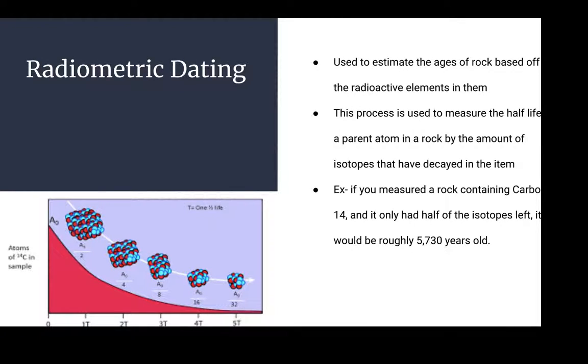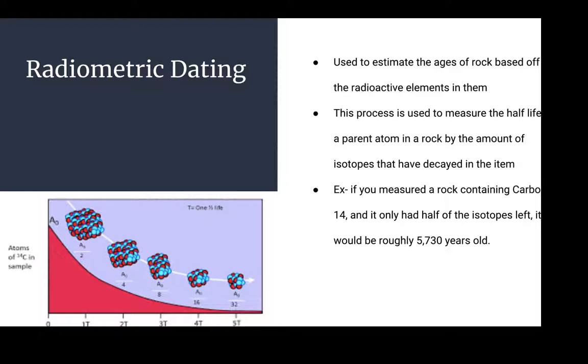So, the radiometric dating system is used to estimate the ages of rock based off of the radioactive elements in it. This is a process where you use the half-life of what is known as an isotope, or part of the parent atom, and you measure the amount of isotopes that is still left within that atom.